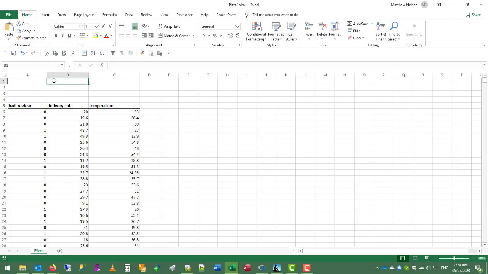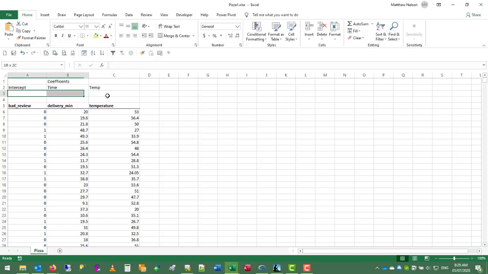So to get started, we need to write some coefficients for our model. First we need, as always, an intercept. We need the time coefficient and the temperature coefficient. So in this column, I'm just going to name the cell intercept, this one time coefficient, and this one temperature coefficient.